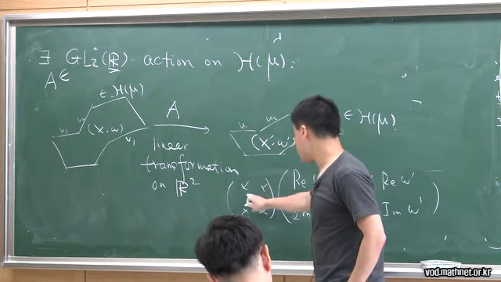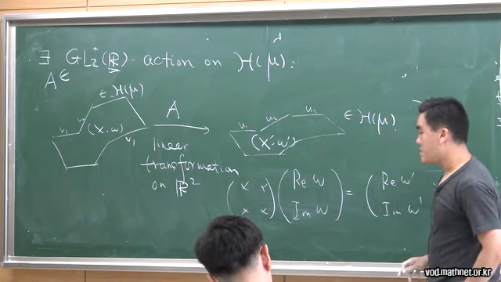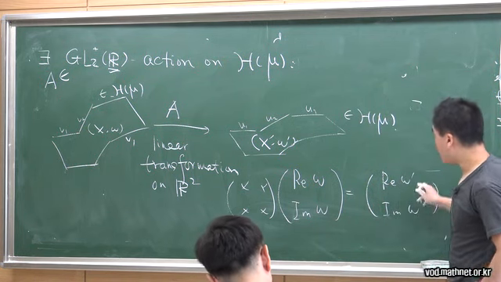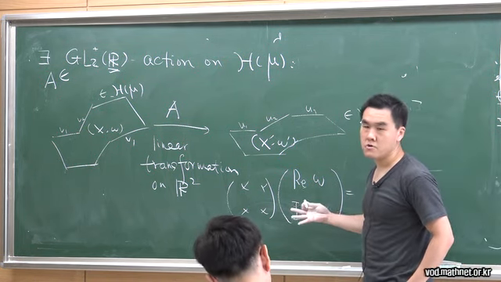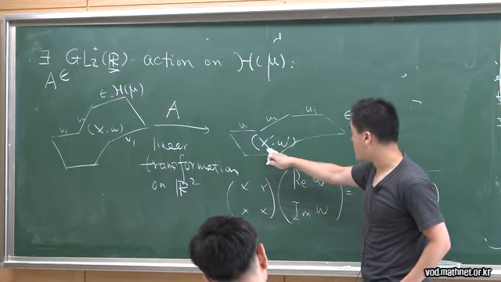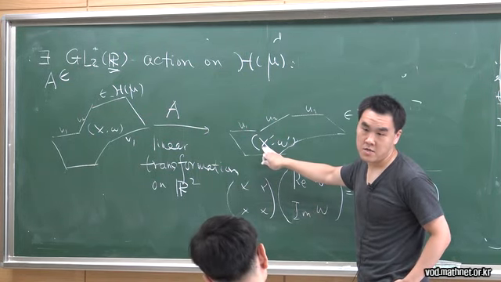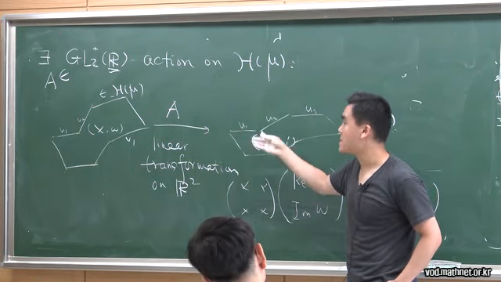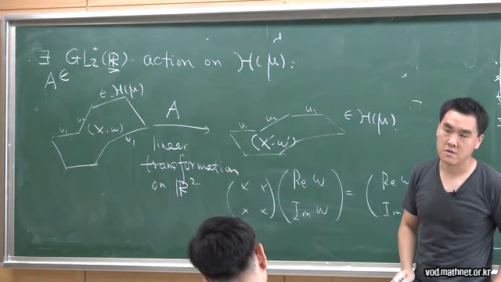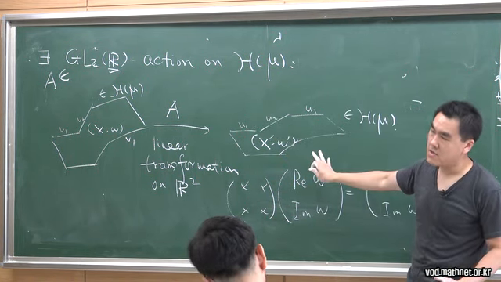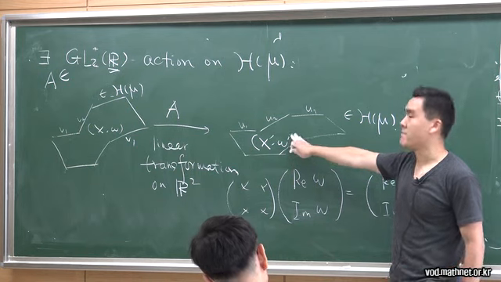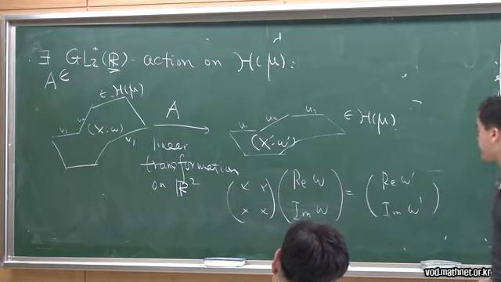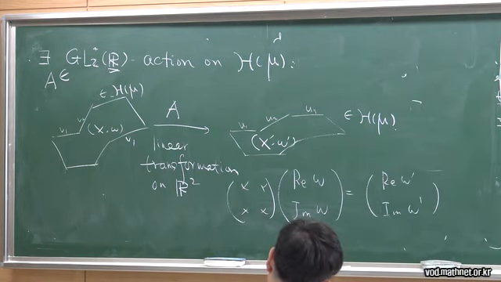Just again, because this matrix is only real, in order to make the resulting omega prime holomorphic, you may need to change the underlying complex structure. That means this x prime may actually be a totally different Riemann surface than x. But the genus is the same. And the zero type of omega is the same. So it's a very natural action which preserves this stratification, preserves the zero type of omega.